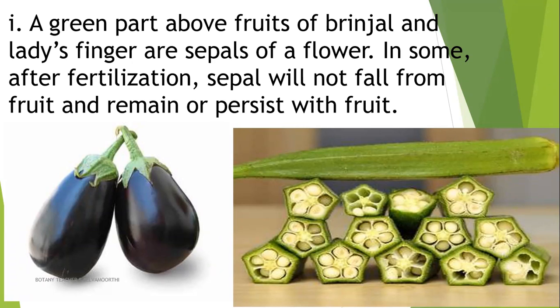The green part above the fruits of brinjal and lady's finger are the sepals of the flower. In some fruits, after fertilization, the sepals do not fall off but persist with the fruit.